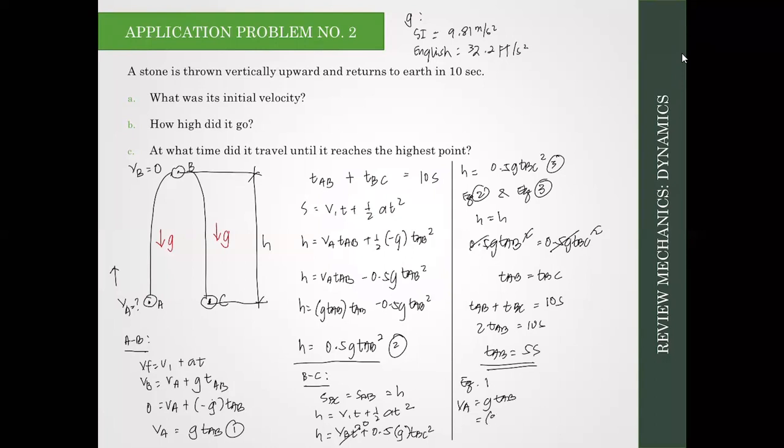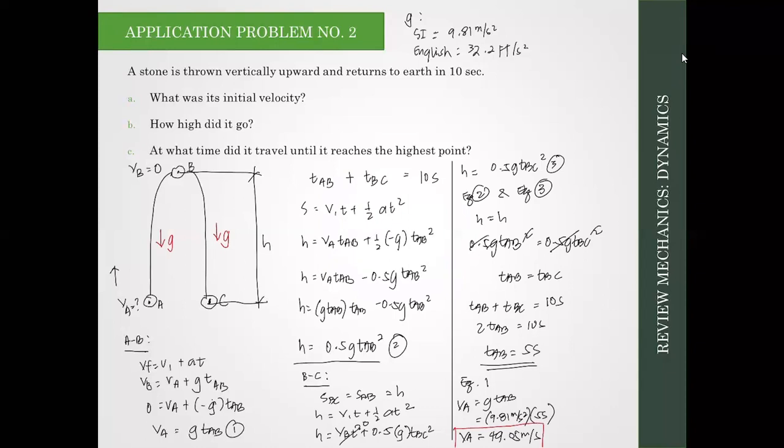So ang G natin is 9.81 meter per second squared times yung 5 seconds natin. So 9.81 times 5, that is 49.05 meter per second. So this will be our answer for letter A.